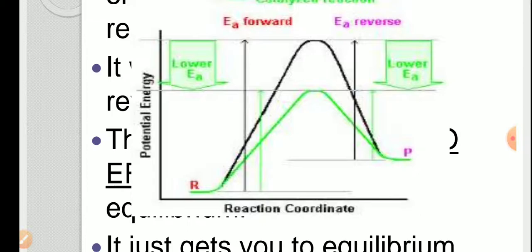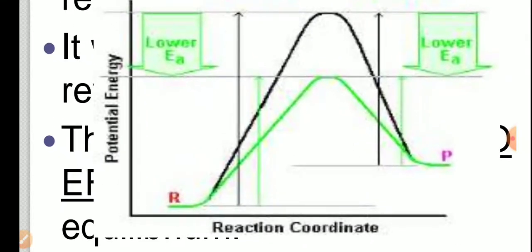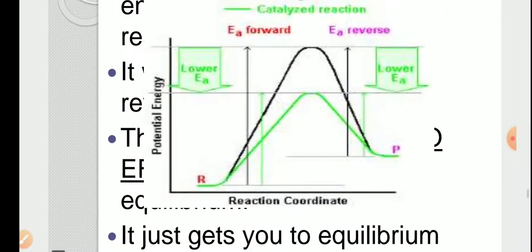The decrease of the activation energy takes place in both directions, the forward direction and the backward direction. The green line is the activation energy required when we use the catalyst, and the black line is the activation energy required in the absence of the catalyst.